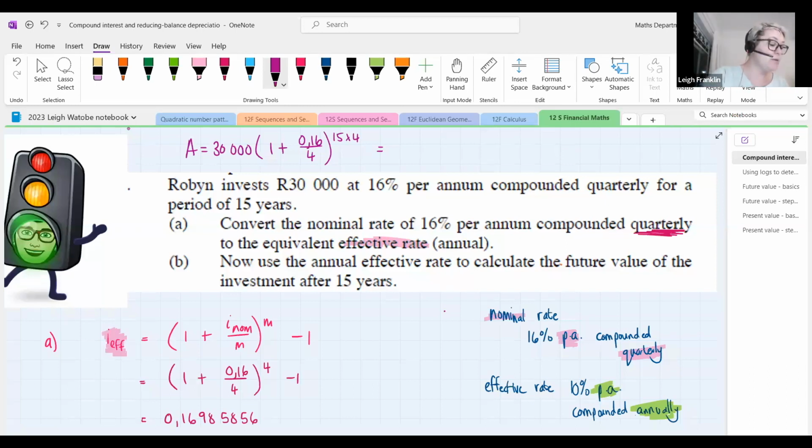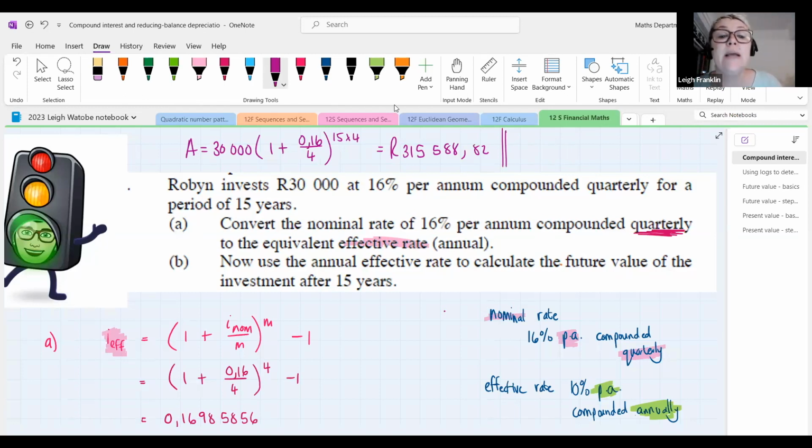Robin gets 315,588.82. Now, let's compare that with the effective rate that we calculated.